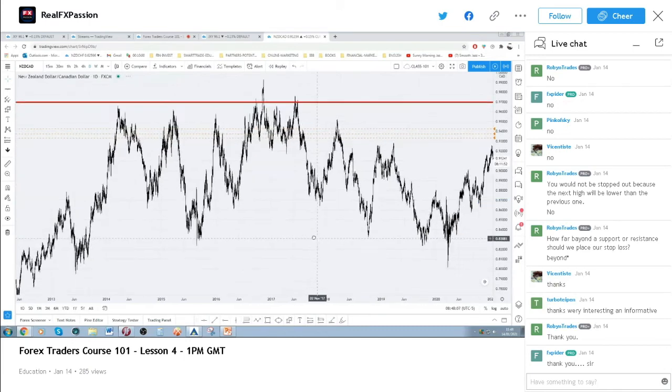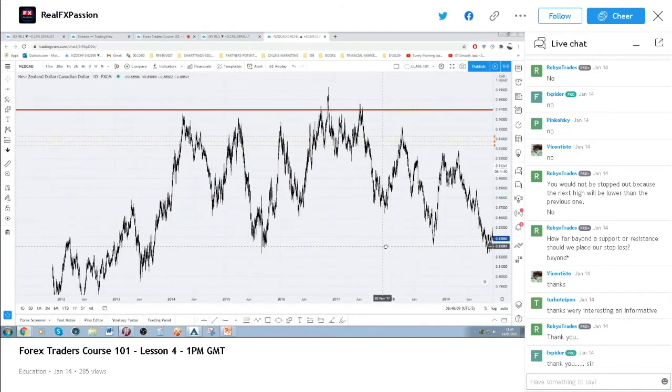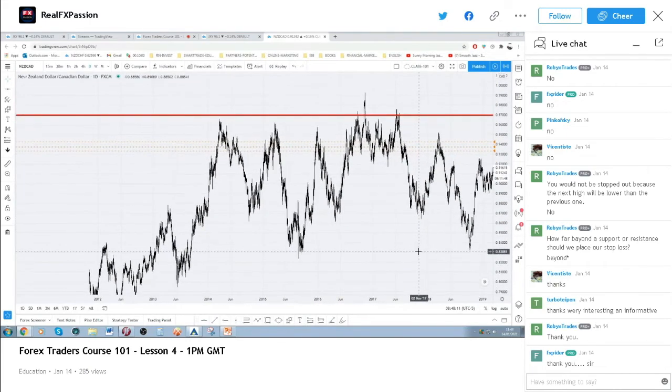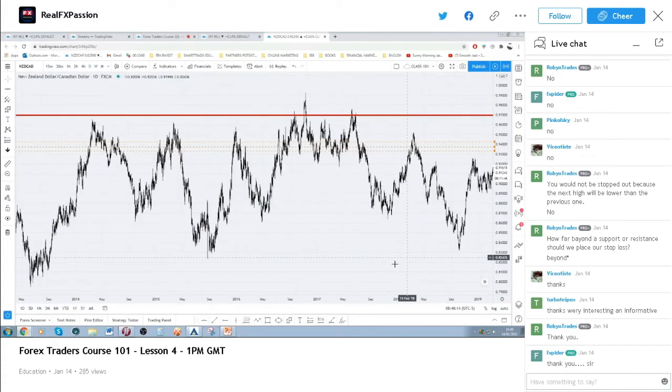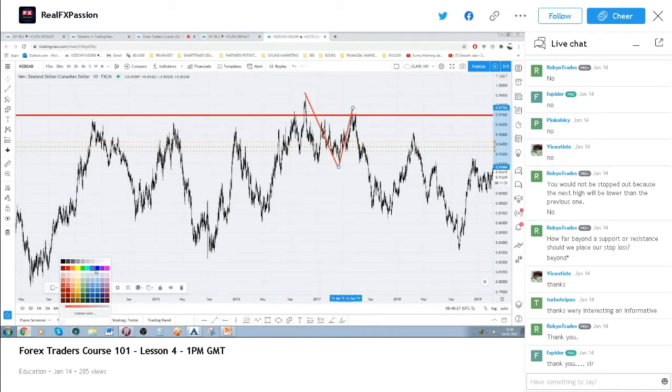Chart, and I'm going to compress the chart. I'm going back in time. So this was structure back in time: extension, retracement, let's change colors, another extension down here, let's change colors.